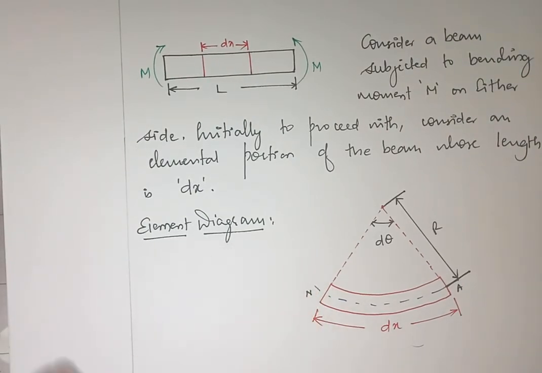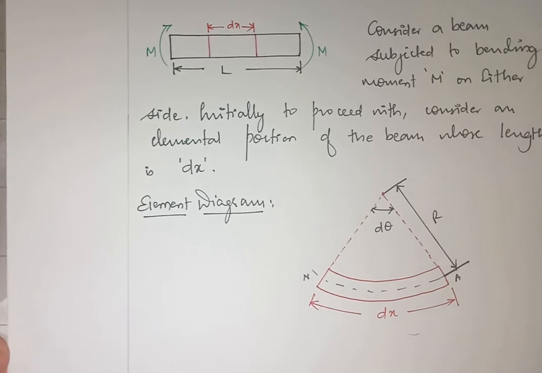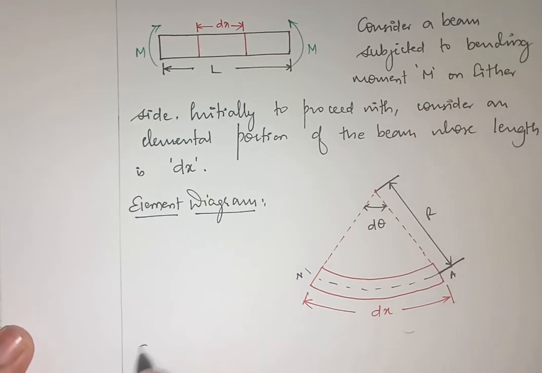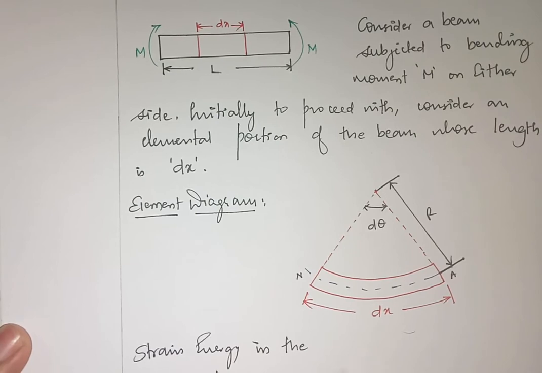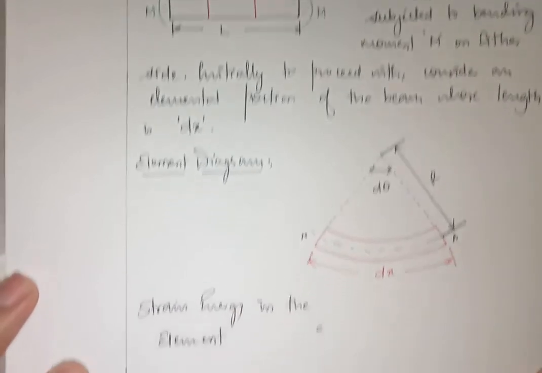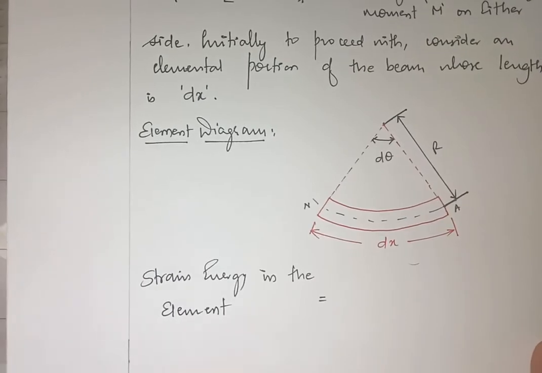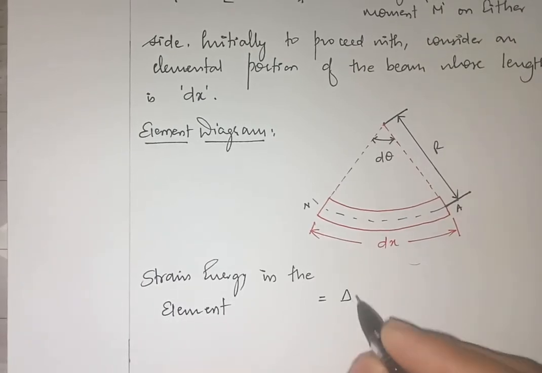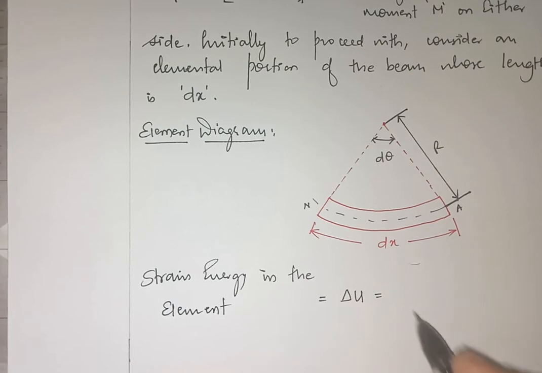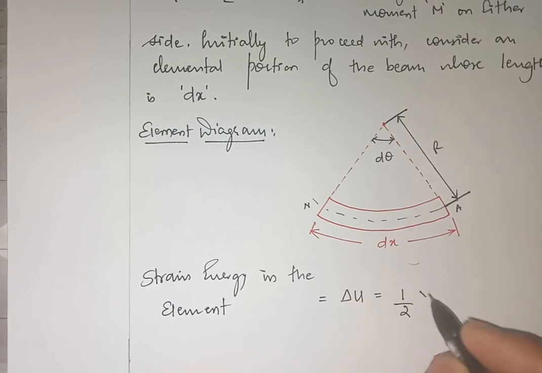I'll be writing everything with respect to this because this is my element diagram. Strain energy in the element is given by, the same thing I had taken previously, delta u, which is 1 by 2 into the force which is causing it.